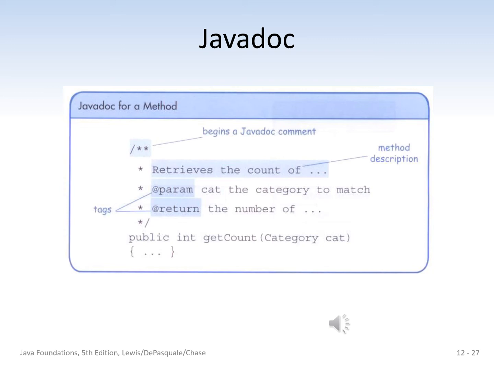On a new line, we use the @param to describe the parameter or parameters. And we also use the @return to describe the return for this particular method.